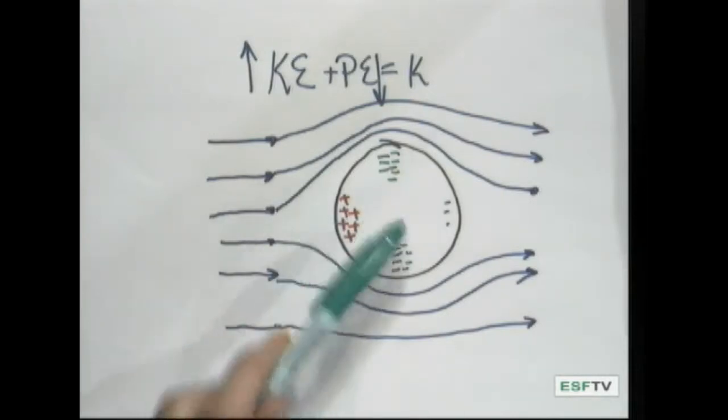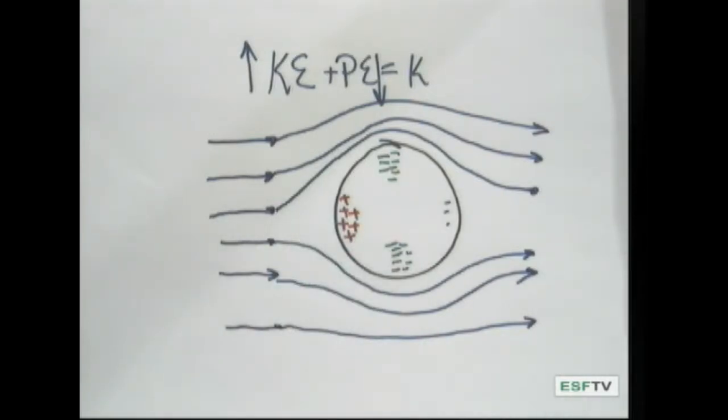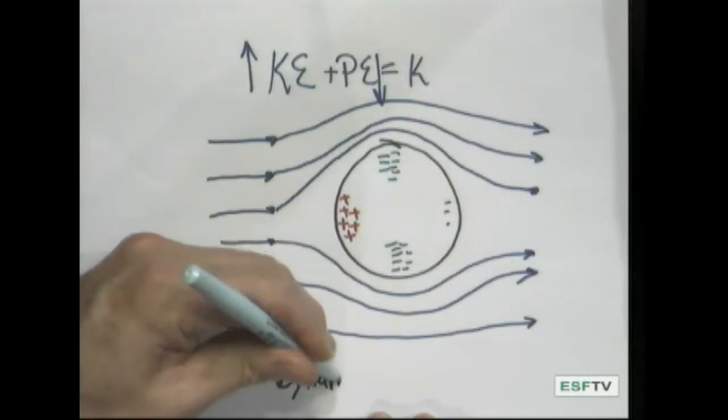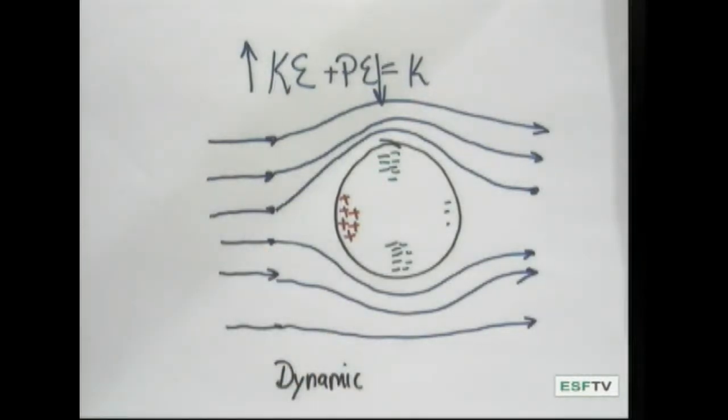What's going on here is that you are getting a distortion of the fluid that comes about through the adherence of fluids to the principle of conservation of energy. This is a kind of interaction that we can call a dynamic interaction because it involves transfers of energy and conversions of energy from one form to another.